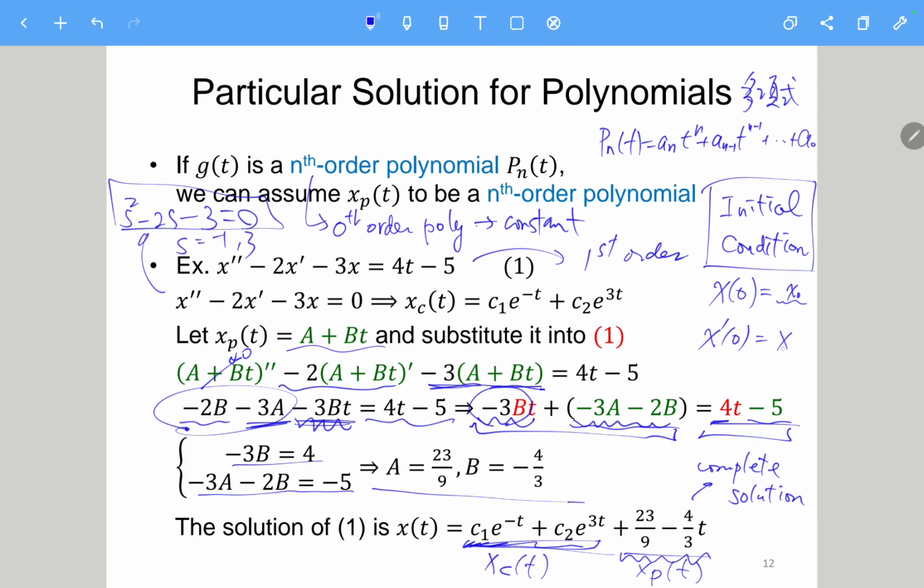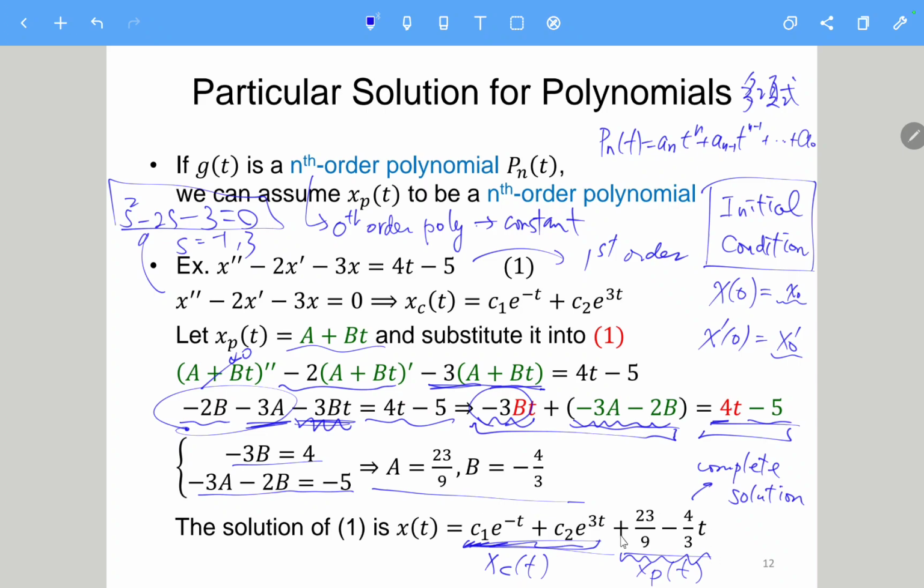If we know these two numbers, then we can determine C1 and C2. For example, if we plug in 0 there, then the exponential of 0 is 1. So you'll get C1 plus C2 and then plus this thing. If this is 0, then this term will vanish. Only this one equals the initial condition. And then you take the derivative of this one, plug in 0, and set it equal to the other condition. So you still get two unknowns with two equations.